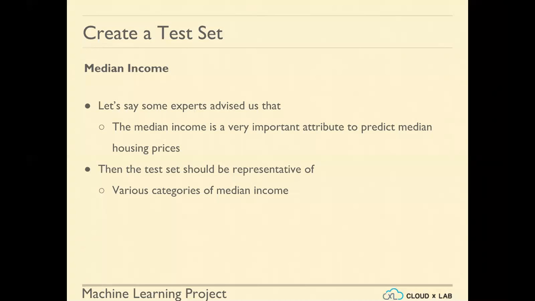So we would create strata based on median income, create the categories based on median income, and then pick from each category, or we call them strata, for our machine learning, because we don't want to ignore a particular income group.